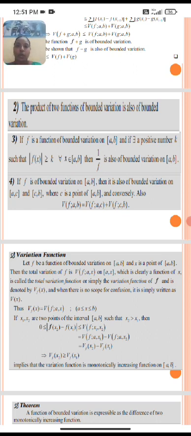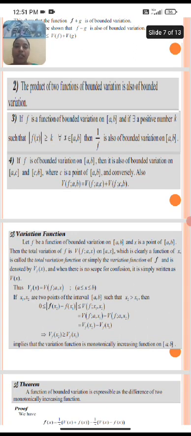If f is of bounded variation on [a, b], then it is also of bounded variation on [a, c] and [c, b], where c is a point of [a, b], and conversely. Also the total variation V(f)[a, b] equals V(f)[a, c] plus V(f)[c, b].